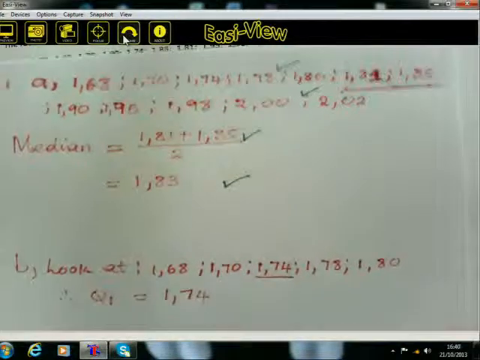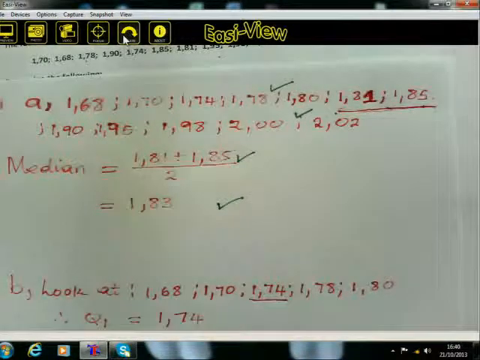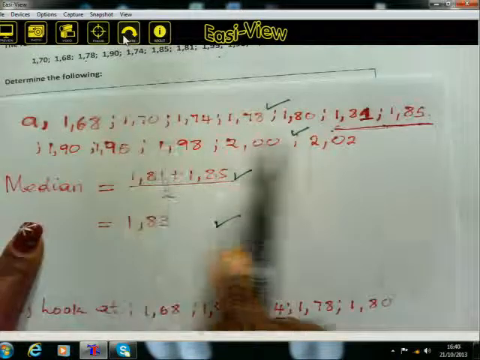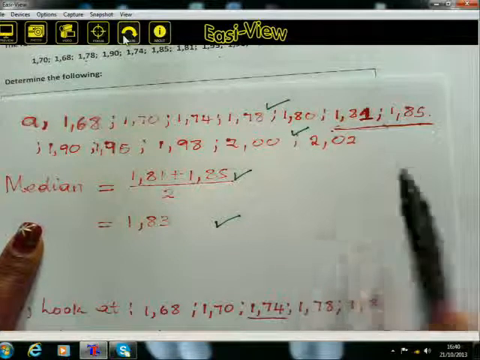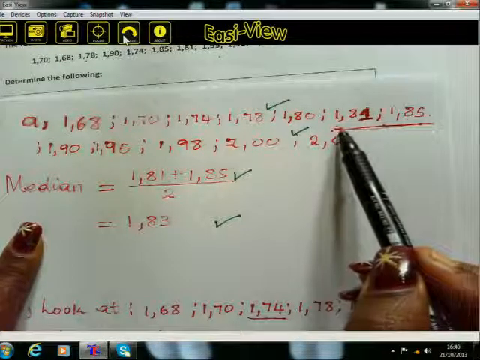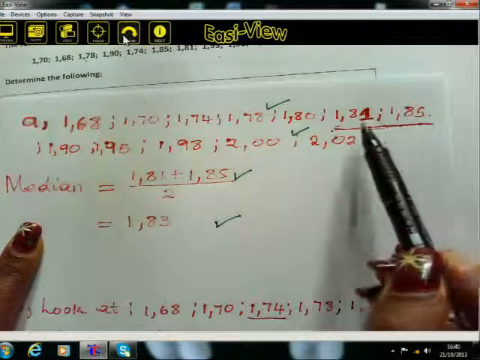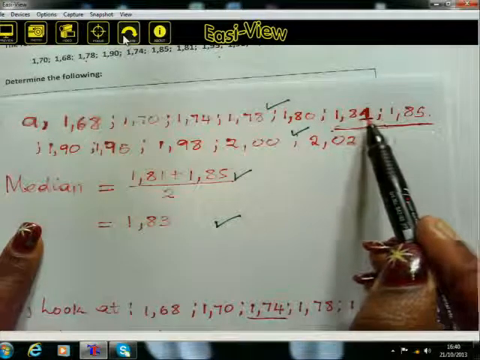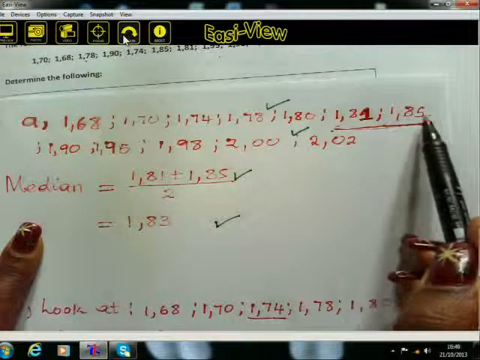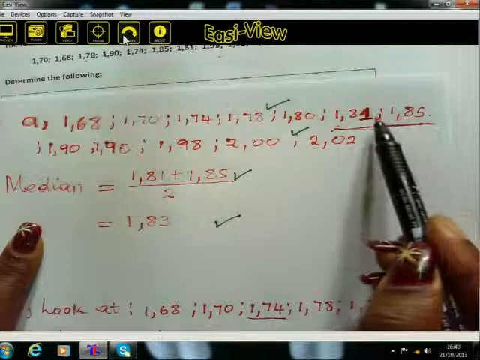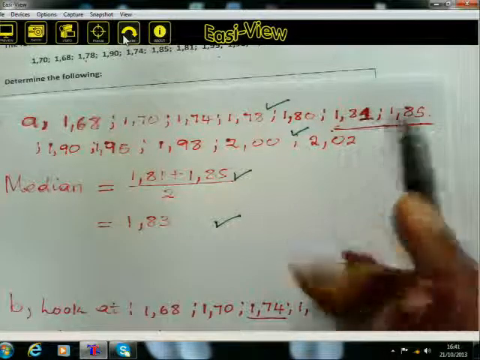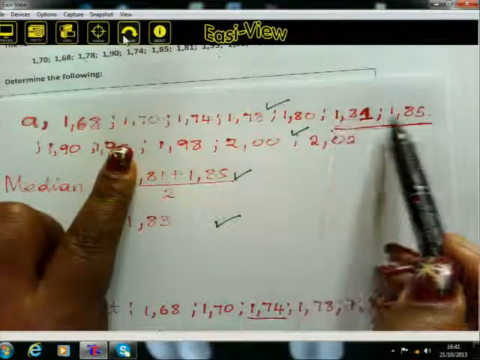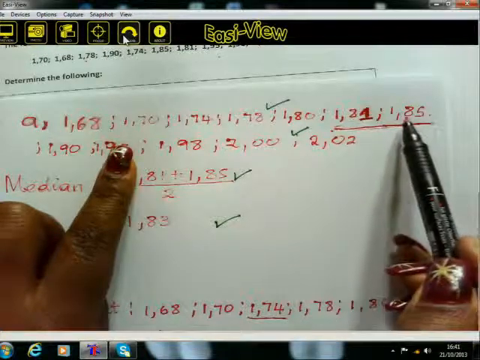Remember, for you to get a quartile 1, you will be helped by the arranged data. You have found two middle numbers, which were 1,81 and 1,85. So for you to get a quartile 1, you must write down the numbers appearing before the 2 middle numbers.